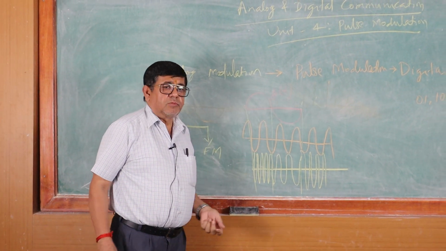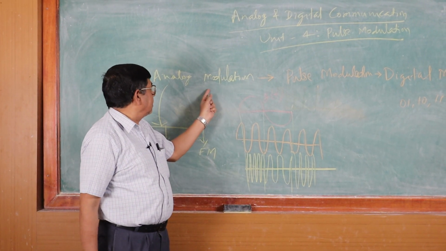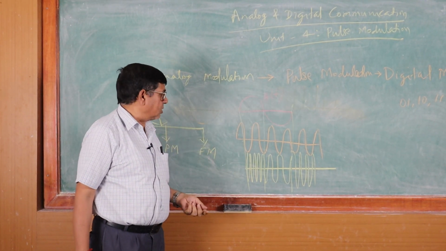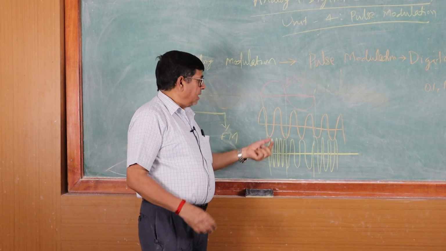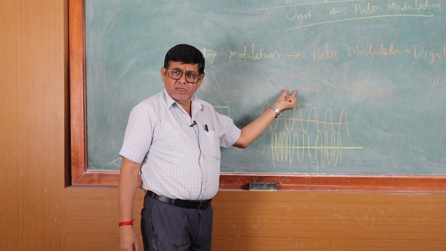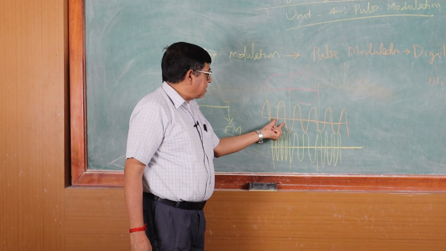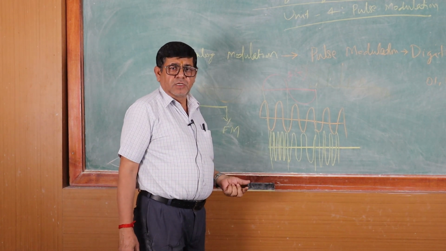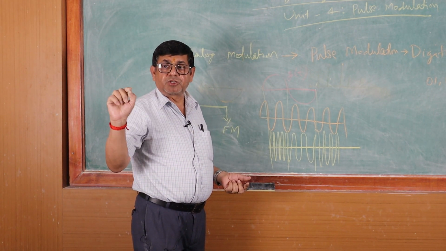What is the difference between analog modulation and pulse modulation? In pulse modulation, the message is an analog signal only, a continuous time signal only, but the carrier is not continuous. It is in the form of a pulse train.